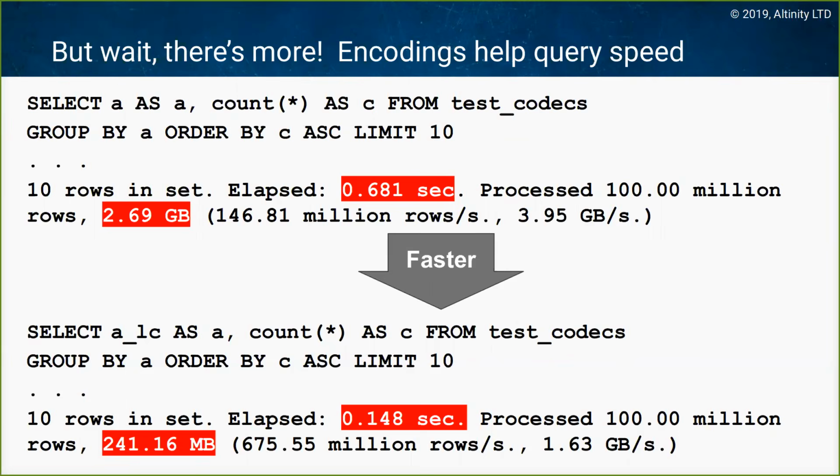So in this particular case it reduces the response time for the query by a factor of at least 4. So with encodings, and with ClickHouse in general, reducing the amount of things that you have to read out of storage is almost always a win for performance. It's one of the basic ways that we improve performance of queries.